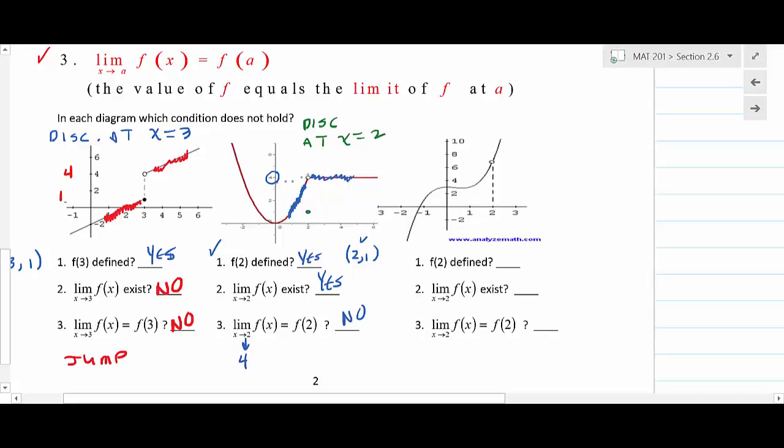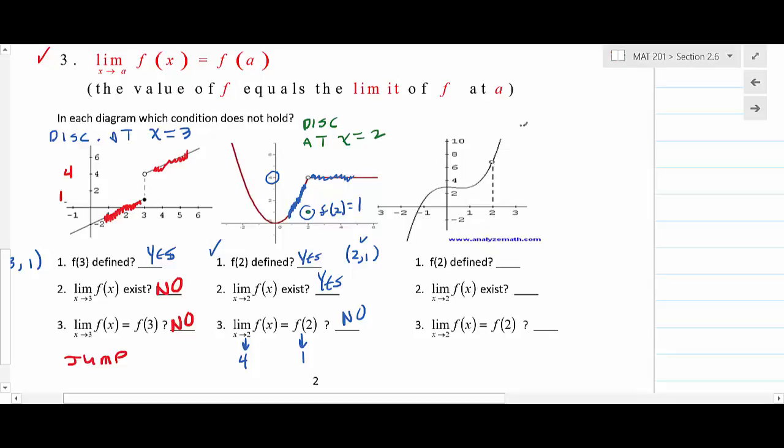Both the left and right-hand limit are approaching a y value of 4, but the function value is f of 2 equals 1. Since they're not the same, that's why it's discontinuous: the limit is not equal to the function value.